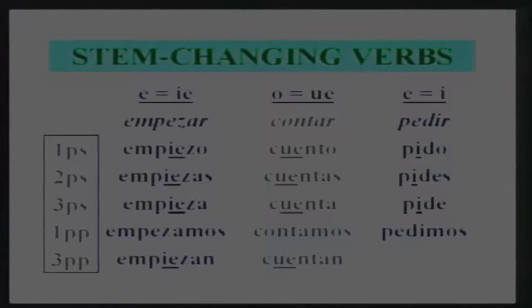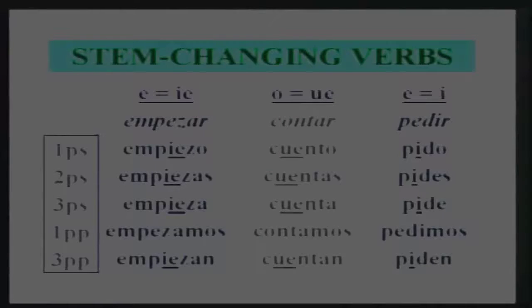Again, it changes for the third person plural. The E becomes an I, and it becomes piden. So once again, it's pido, pides, pide, does not change, pedimos, and piden.